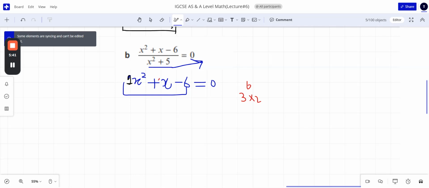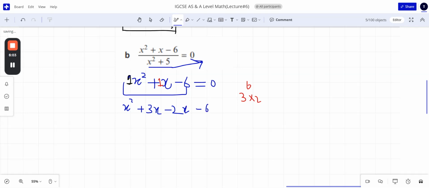There is again no coefficient, it means it would be 1. So now we will bring down the first value the same, x squared. Then the middle one becomes plus 3x and minus 2x, then minus 6 equal to 0.